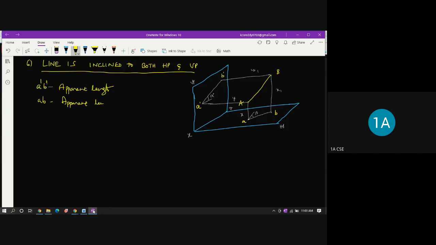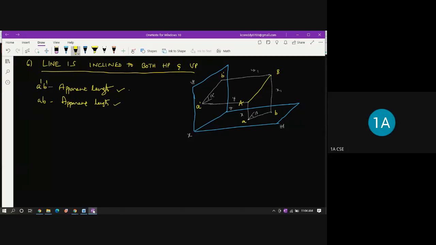If the line is parallel to one of the planes, then the projection on that plane will be the true length. But in this case, the line AB is not parallel to any plane, so the projections you get on the planes will be apparent lengths. A dash B dash is an apparent length and AB is also an apparent length.